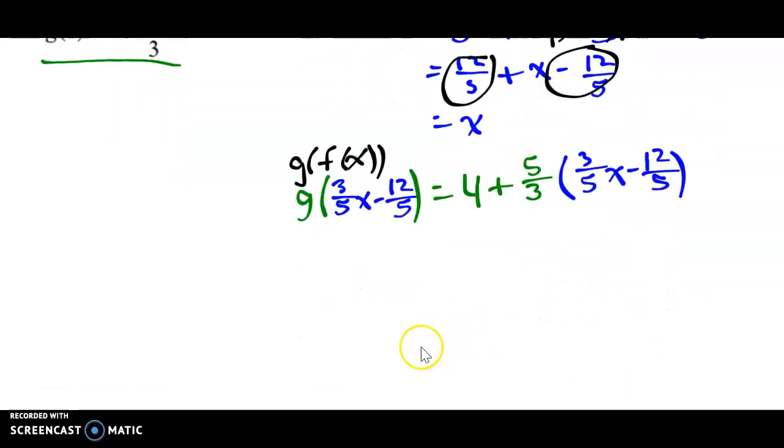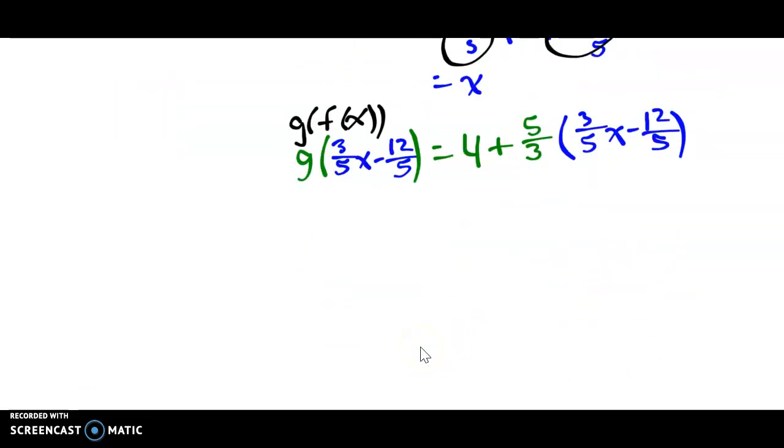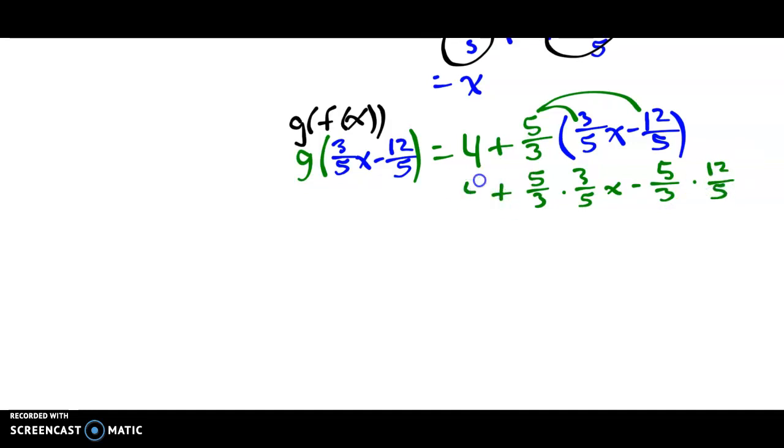And we're going to again multiply some fractions, these beautiful fractions that we have. So we have 5/3 times 3/5 x. And we also have 5/3 times 12/5.